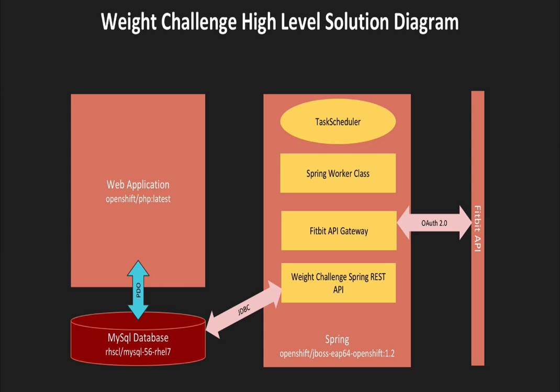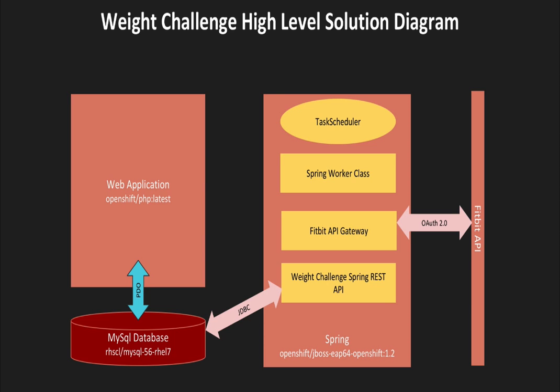The reason for that is to simplify the integration and the work among us, but later on this can be integrated through the REST API, like having the web application always connected through the REST API rather than going directly to the MySQL database.